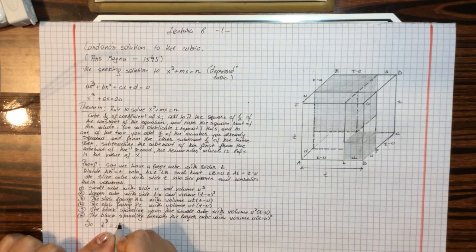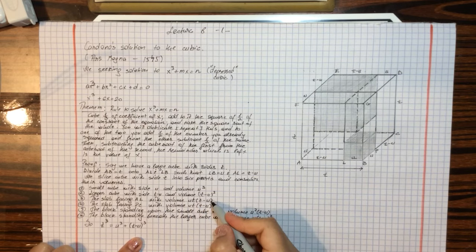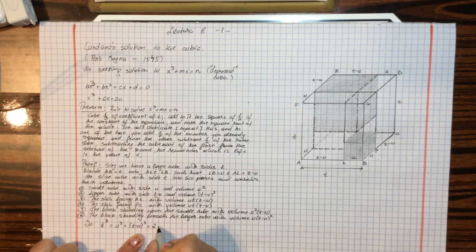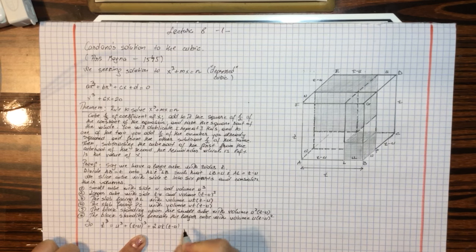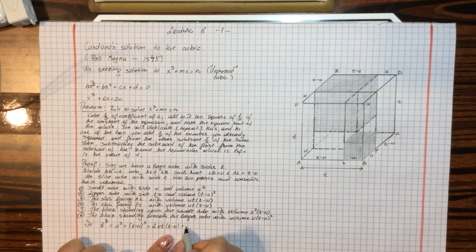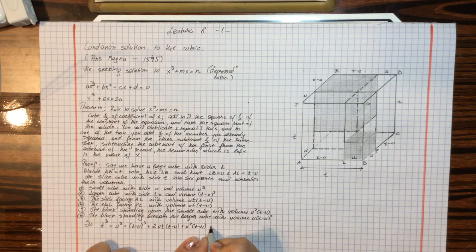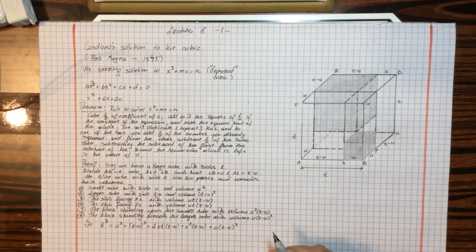We would have u to the third plus t minus u to the third plus 2ut times t minus u, because you have two identical ones, plus u squared times t minus u, plus this other value, u times t minus u, the whole thing squared. Alright, we'll manipulate this algebraically a bit and see what we get.